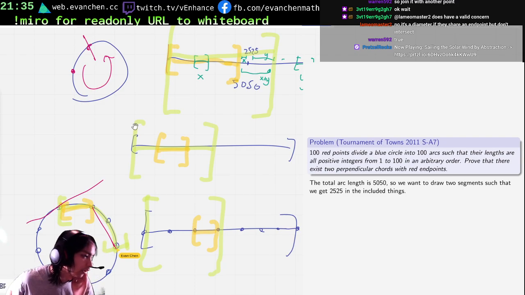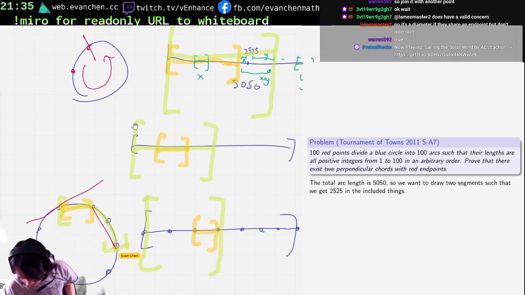So inside and sharing an endpoint is bad. Inside and, okay, that's fine.